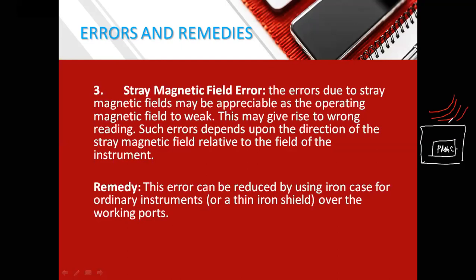Now, because iron case is a ferromagnetic material, it will allow the magnetic field through it. So you will have magnetic field circuit closing in this manner. That means all the magnetic lines of force will only be flowing through the iron case because of its high permeability. So it is not allowed inside the PMMC, and thus PMMC is protected or shielded from stray magnetic fields.